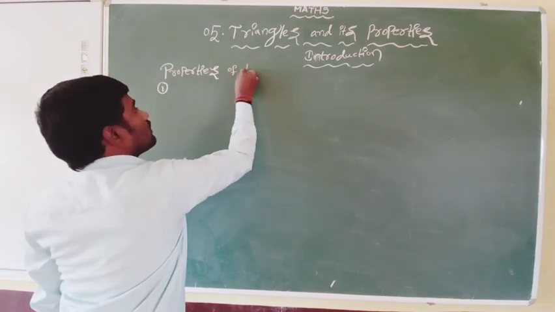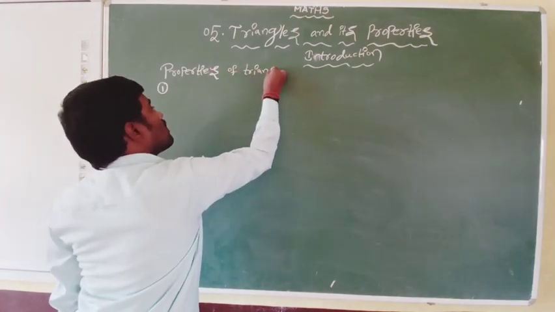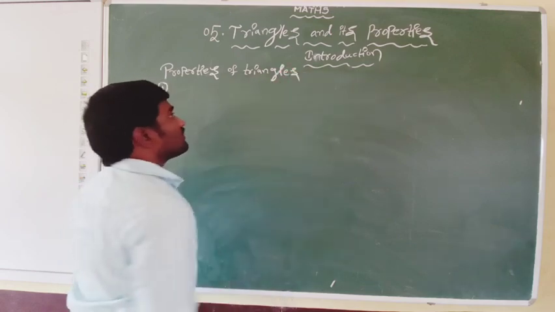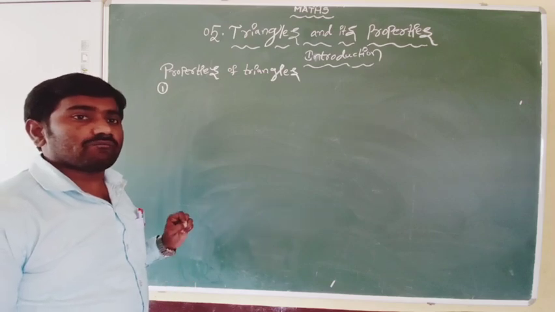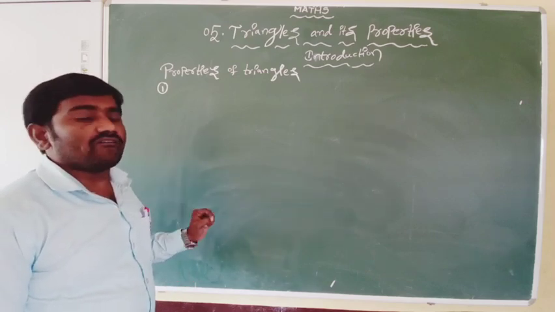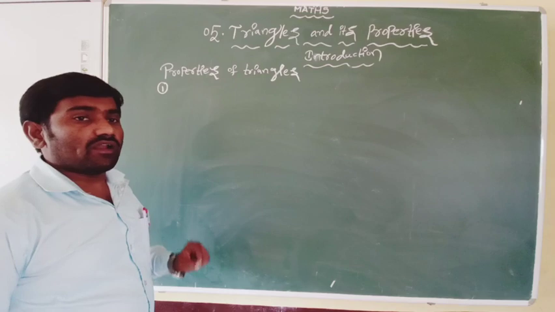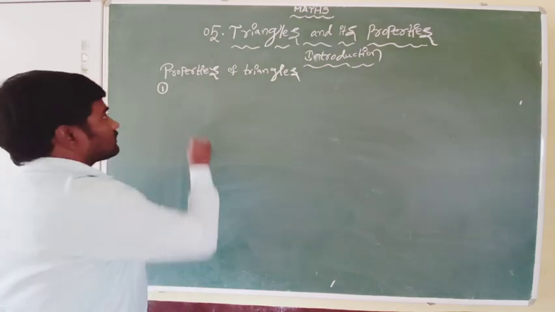Properties of triangles. The first one: the sum of the three angles of a triangle is equal to 180 degrees.